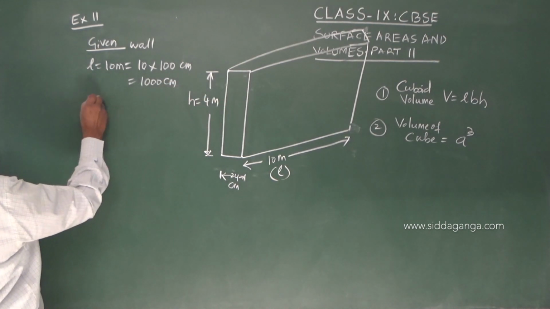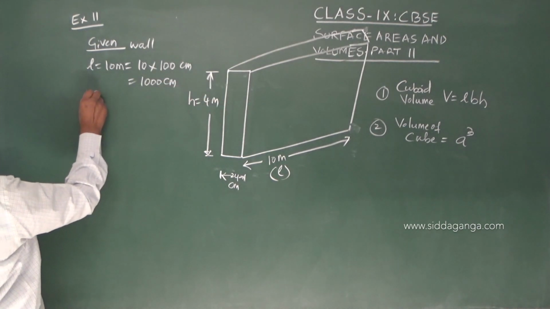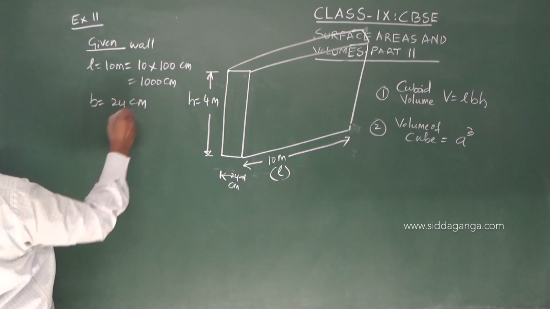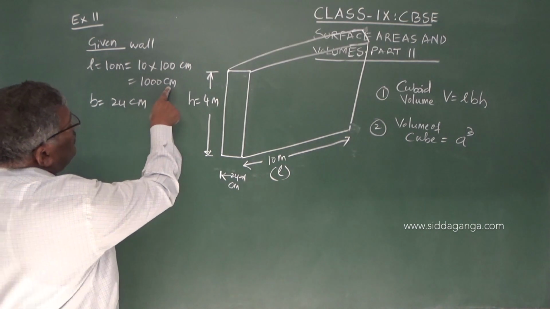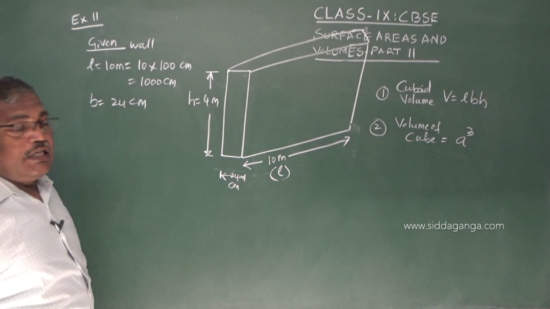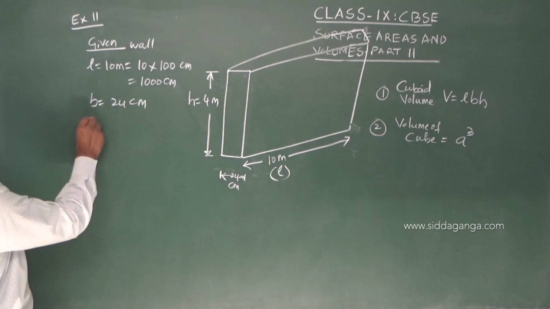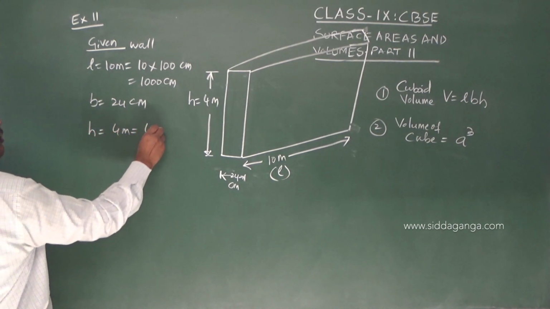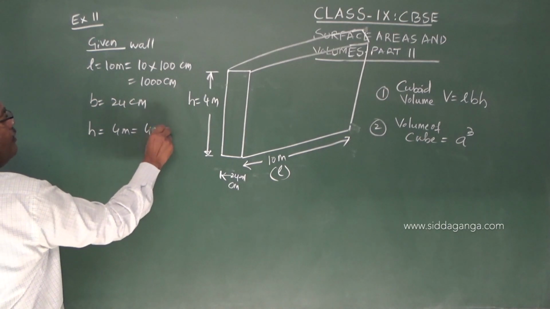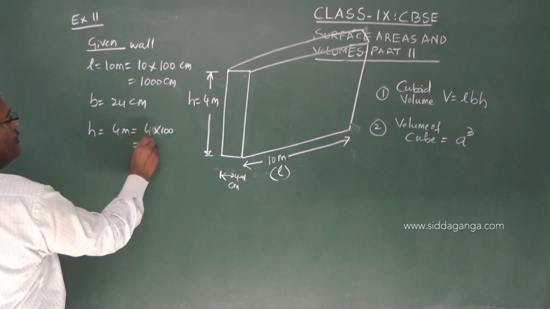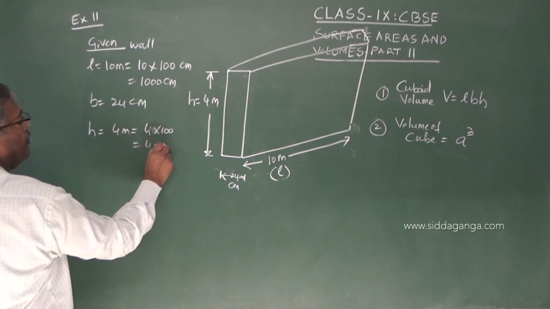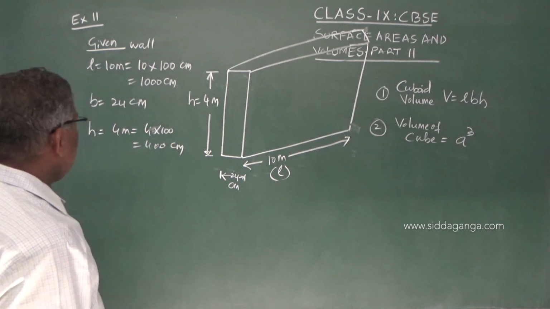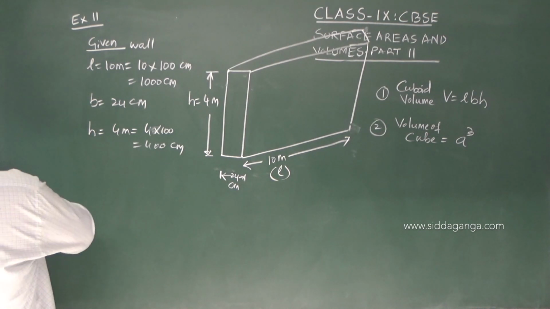Now, breadth equals 24 centimeter. So we have converted this into centimeter. Let this be in centimeter only. And height equals 4 meter equals 4 into 100, that is 400 centimeter. So all in centimeters.